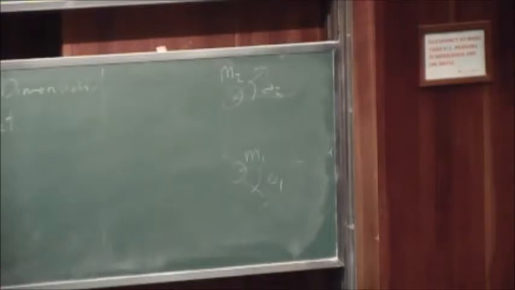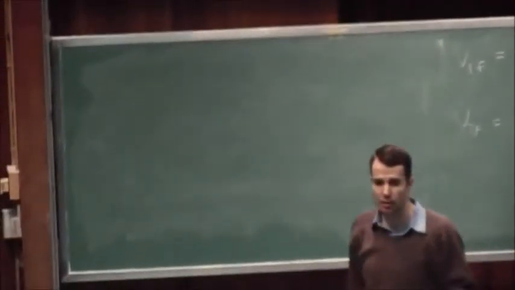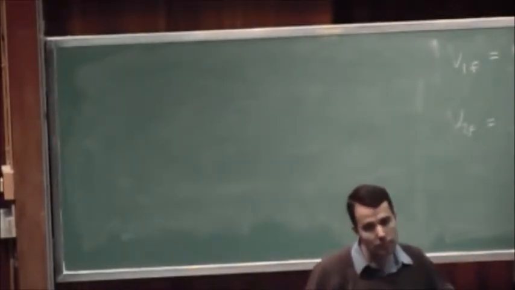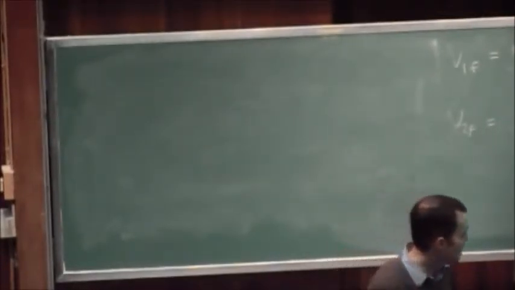Okay, so how would we do this? First of all, what's the initial momentum? So what we have is, we're just defining this to be the x-axis. We're defining this to be the y-axis.